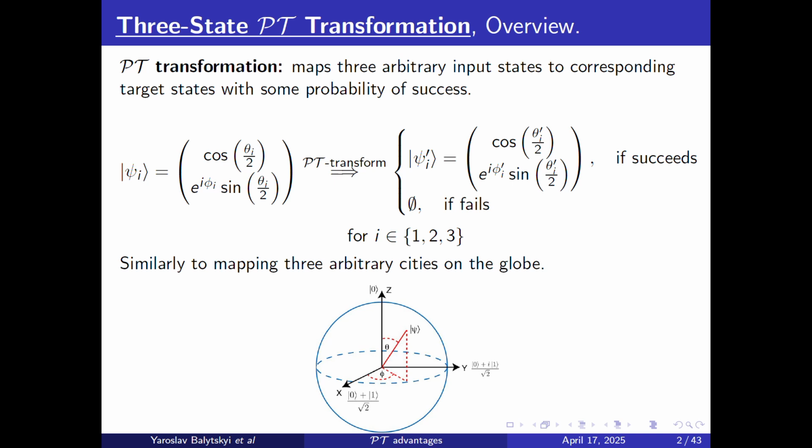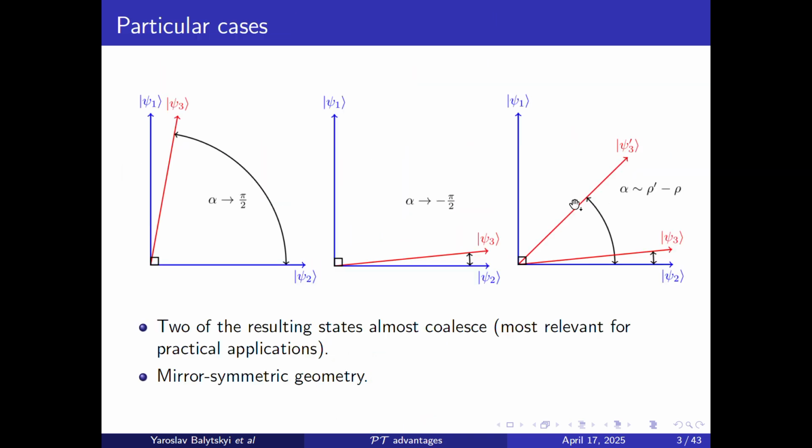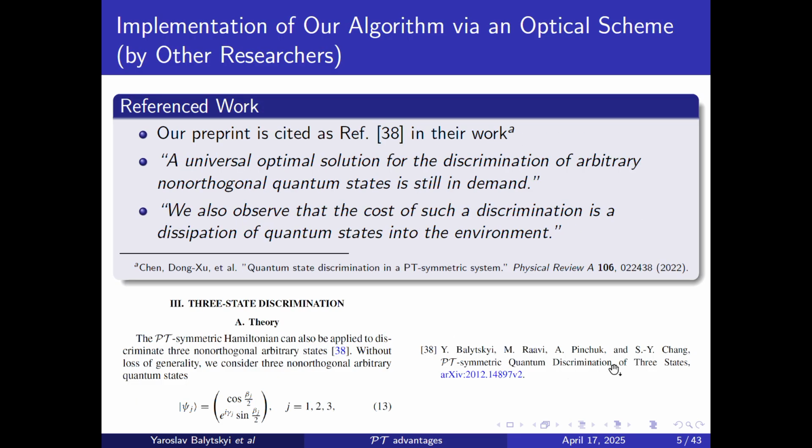So essentially, sometimes it works, sometimes it fails. And in this paper, the success probability was not found. Since then, we greatly extended this paper, and we also implemented this on IBM Quantum Experience.